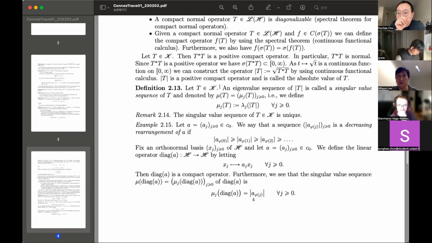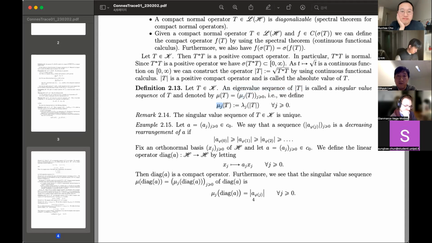Okay, so if we consider the eigenvalue sequence of this absolute value of T, then we call it the singular value sequence of T, and it's denoted like this.